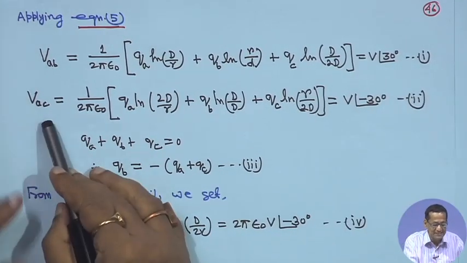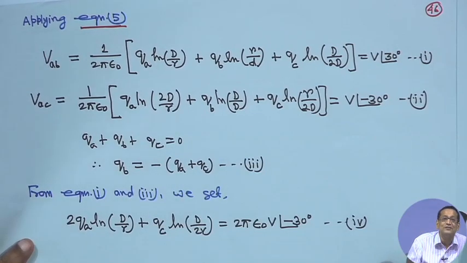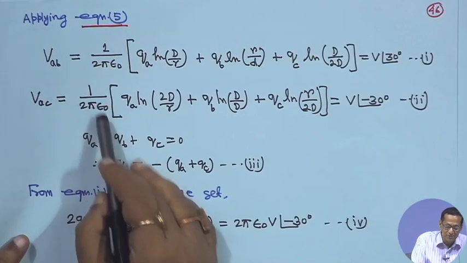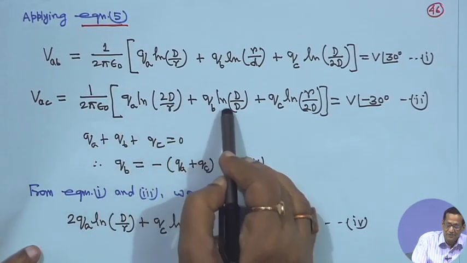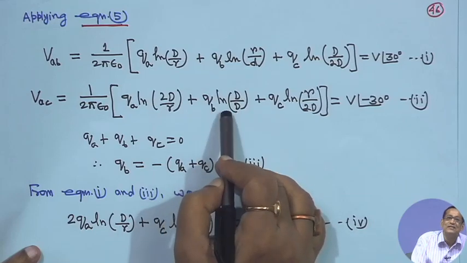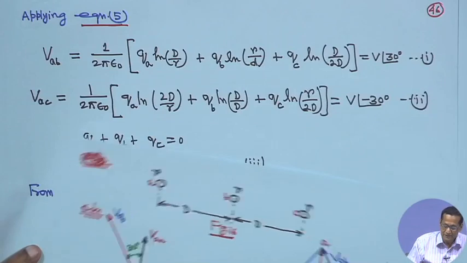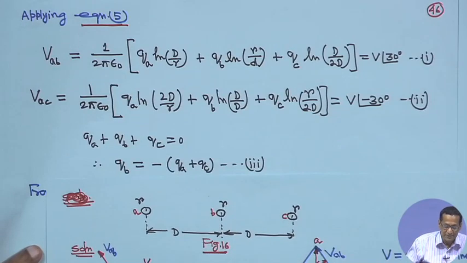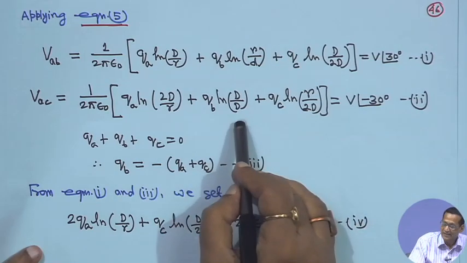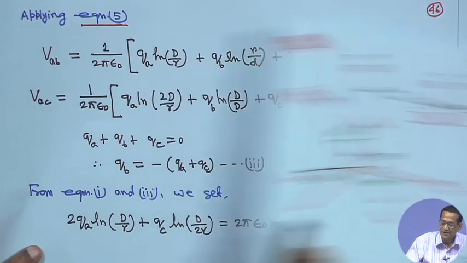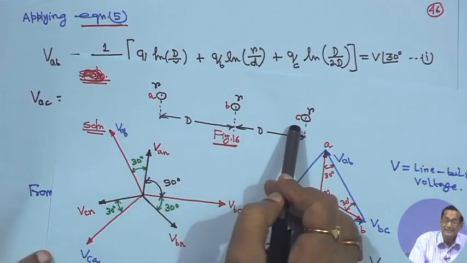Similarly, VAC, because we need VAC, because VAB plus VAC is equal to 3 VAN. So, VAC will be 1 upon 2 pi epsilon 0 QA ln 2d upon r plus QB ln d upon d. That means this term will be eliminated, because this conductor B, when you are considering A to C, this side is d, this side is also d.